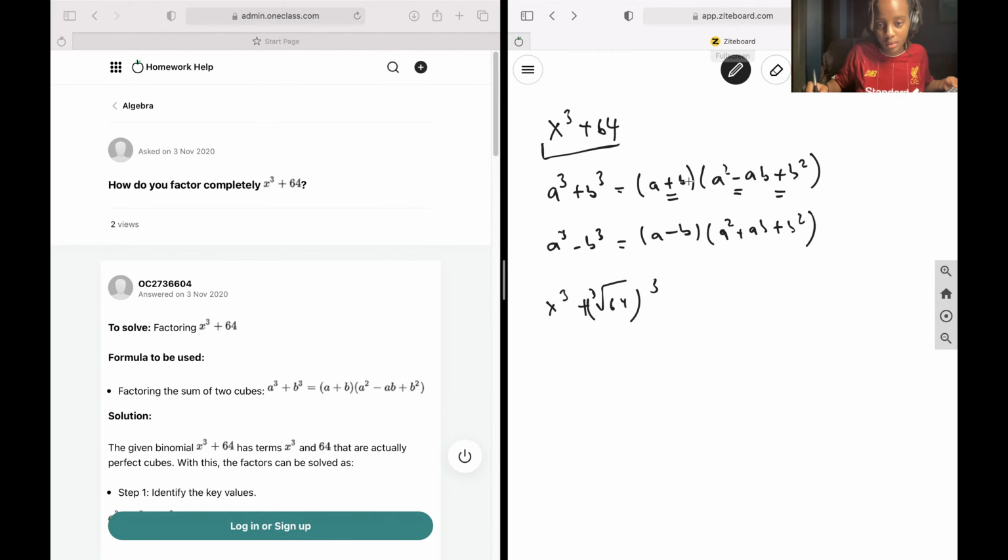And so x cubed plus 4 cubed. So x is a and b is 4. So let's just write that out. Plus 16. And that's it.